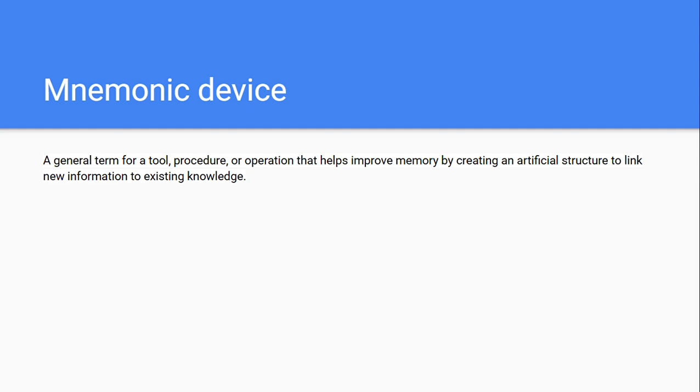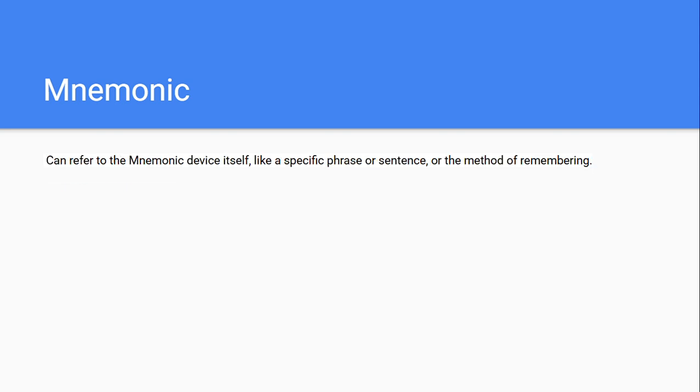A mnemonic device can help create an easier way to help you remember those layers of the epidermis, which I'll go over a little bit with the next slide. A mnemonic can refer to the mnemonic device itself, which can be a specific phrase or sentence, or the method of remembering.